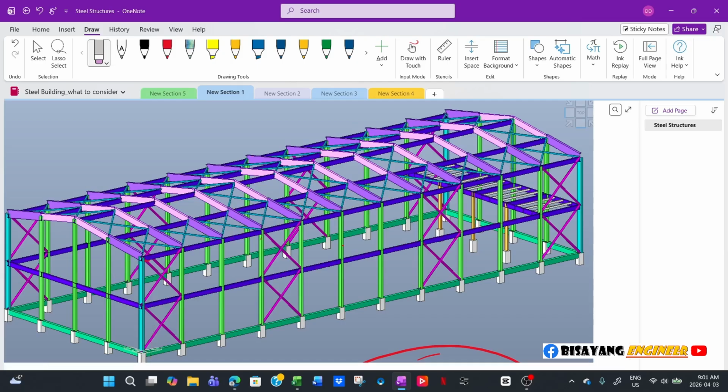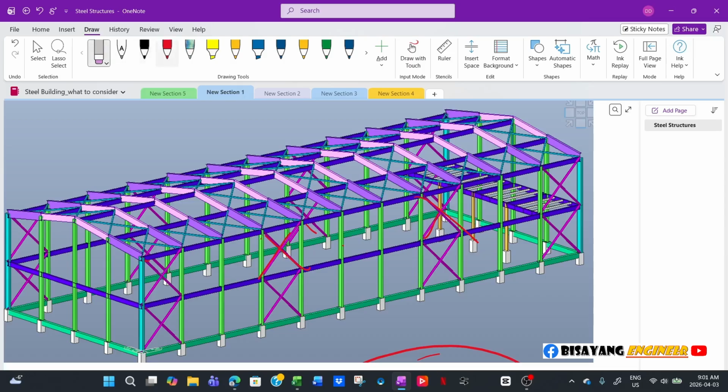Because the heavier your structure is, the bigger the lateral load, and then it will become even bigger. So if you are doing it manually, imagine how many iterations you have to do. So good thing we have software.